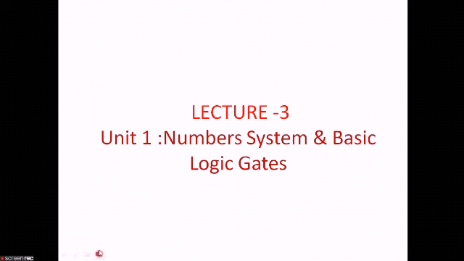In lecture 1, we had gone through the introduction of digital systems, the difference of digital systems from analog systems, the advantages and the disadvantages of digital systems, and then the course objectives and the course syllabus. The syllabus comprises 7 units, and now we are studying Unit 1, the number systems and basic logic gates. In lecture 2, we had studied the number systems.